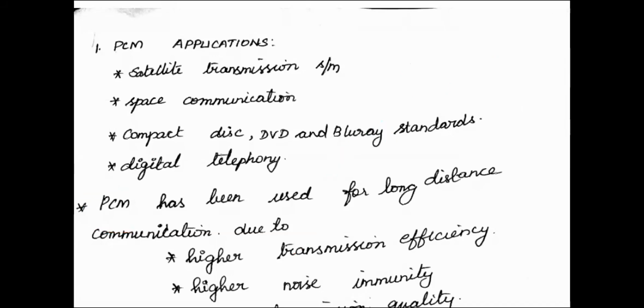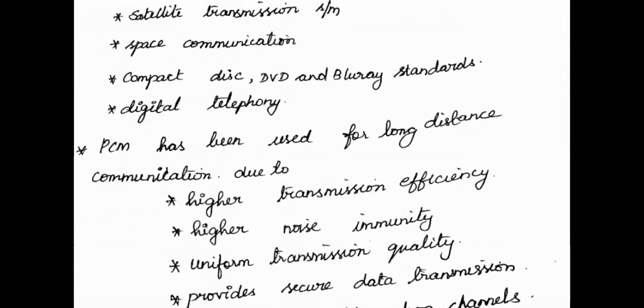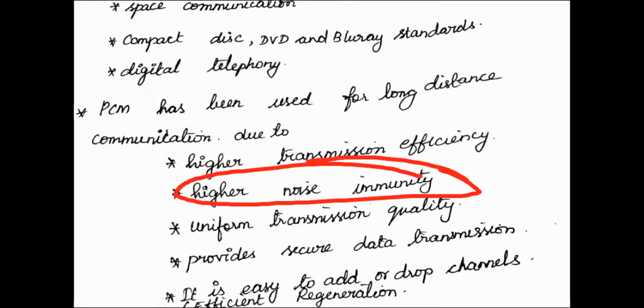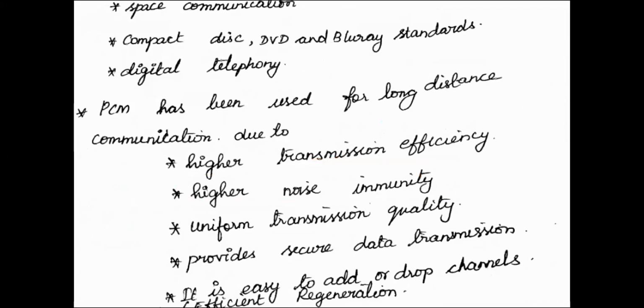So it has higher transmission efficiency, and another very important point, noise immunity. It has higher noise immunity due to the repeater. Uniform transmission quality, and it provides secure data transmission, because once you go digital, you can use cryptography techniques: ciphering your data, encipher and decipher.